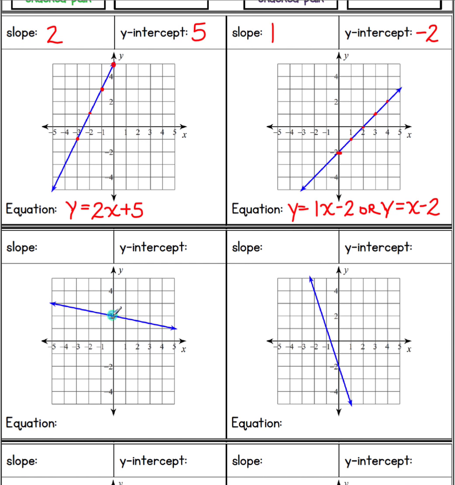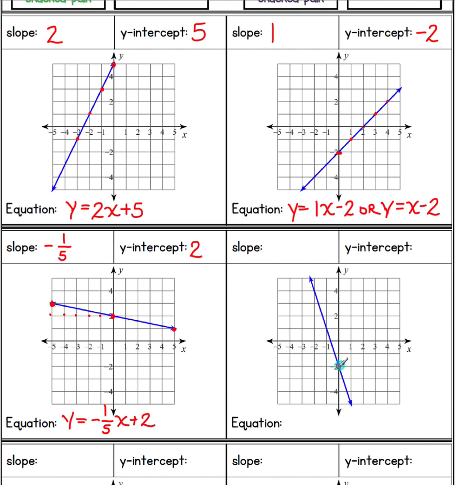Next one, our y-intercept is at positive 2. It looks like there's a point here and a point there. So our slope is negative 1/5. So our equation is y equals negative 1/5 x plus 2.